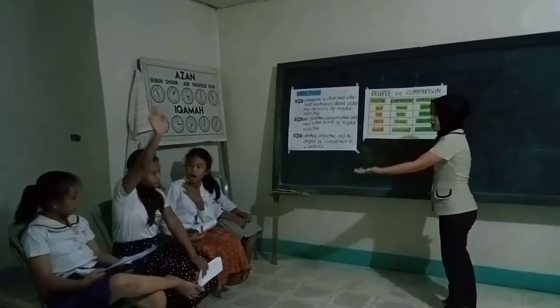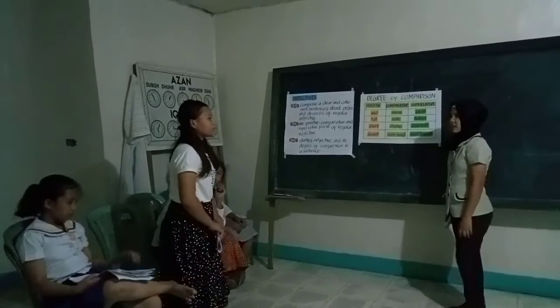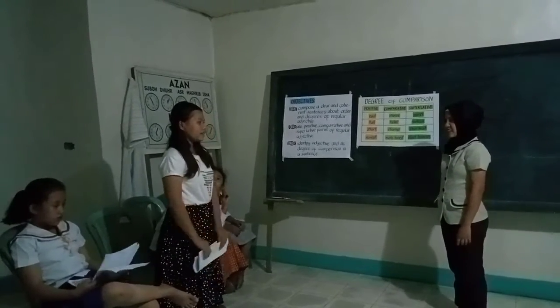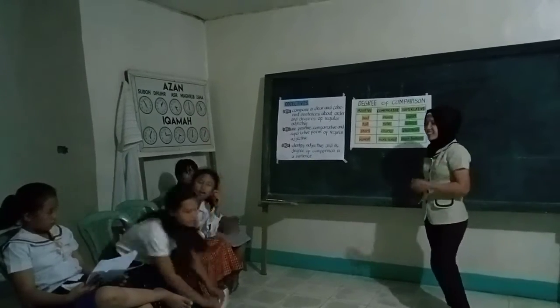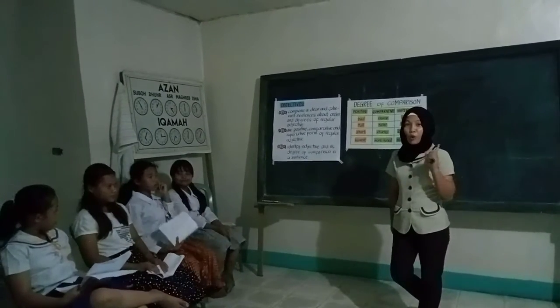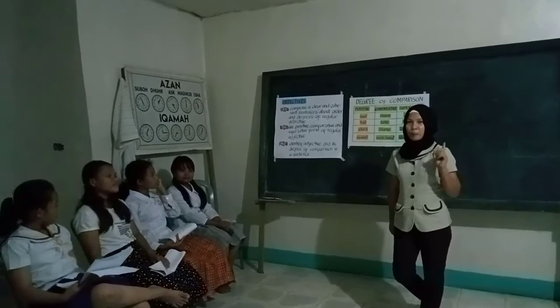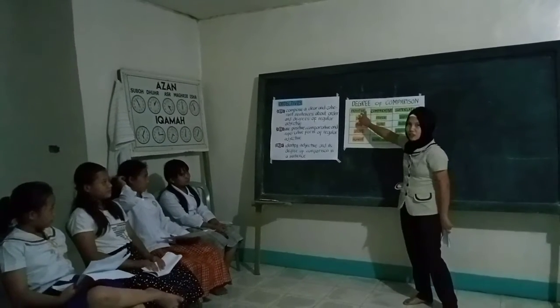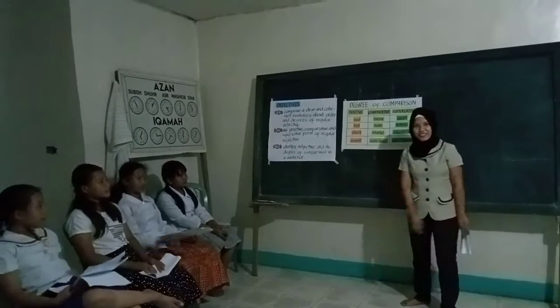Ma'am, okay, Rose? When we compare only one person or thing, we use the positive degree. Okay, very good. So when we compare only one thing or person, we should use the positive degree of comparison.